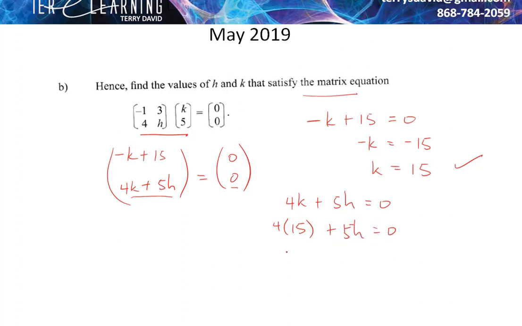So 4 by 15 is 60, plus 5h is equal to 0. So 5h equal to minus 60, and therefore h is equal to minus 60 over 5, which will give me minus 12. So h is equal to minus 12.